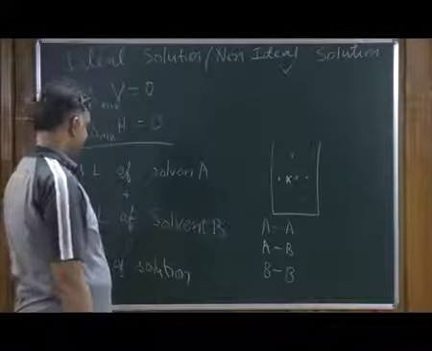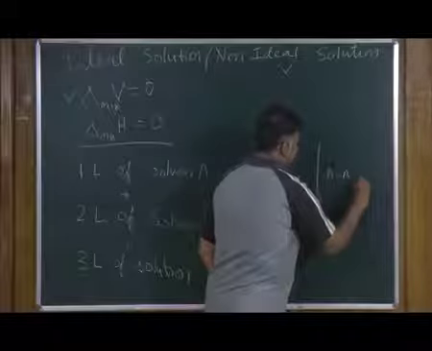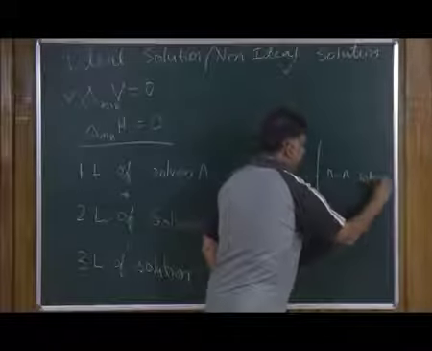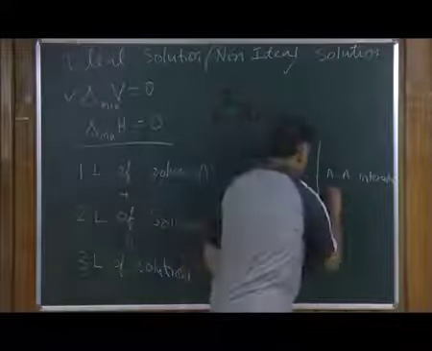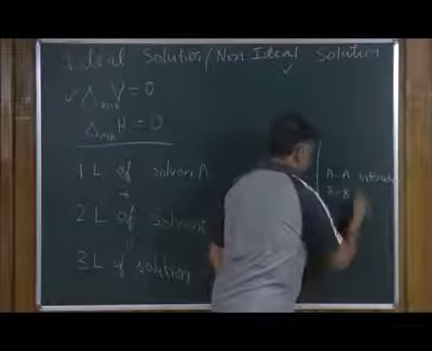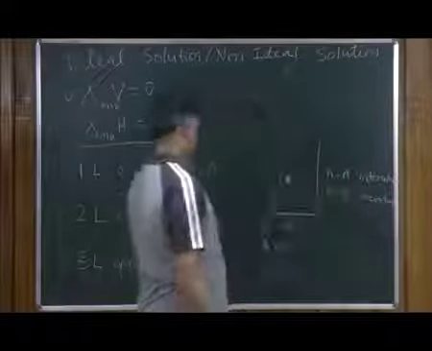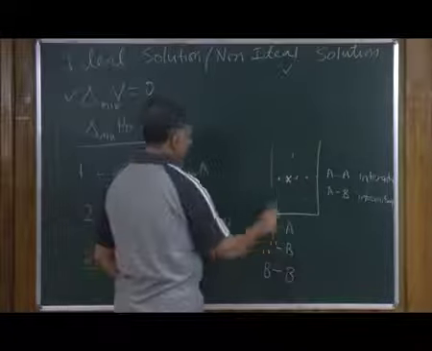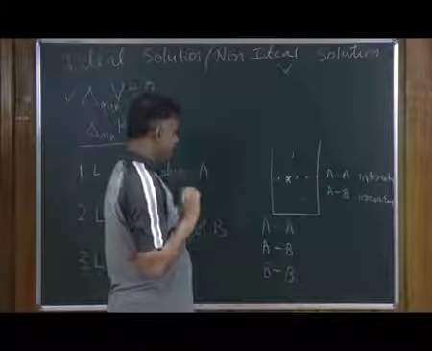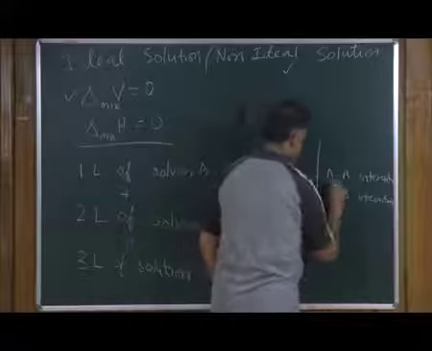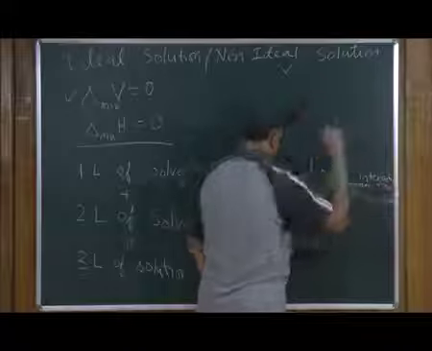Now, this A and A interaction could be stronger than the A B interaction. What would happen? Initially there was A and A, and that interaction is stronger than the A B interaction.